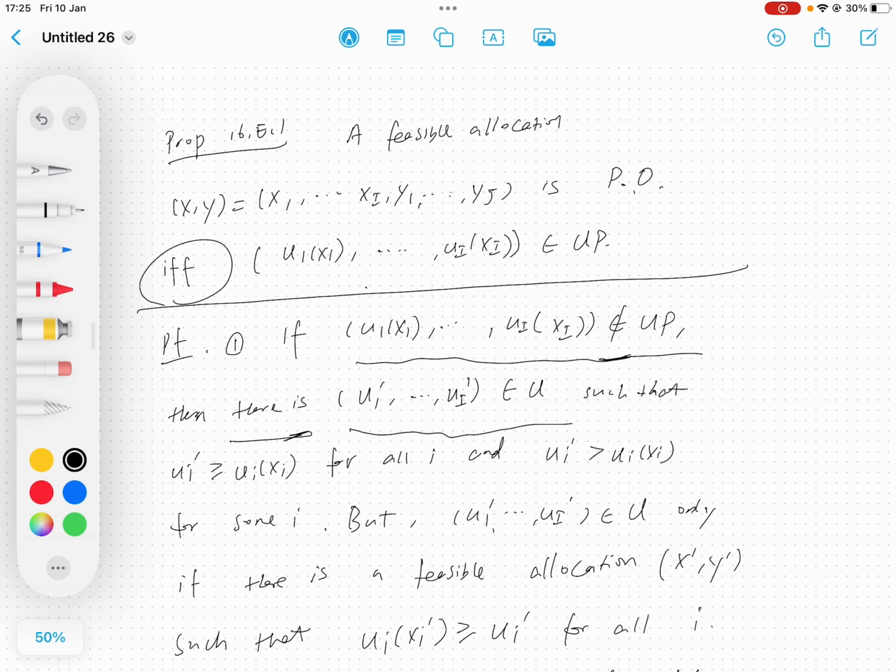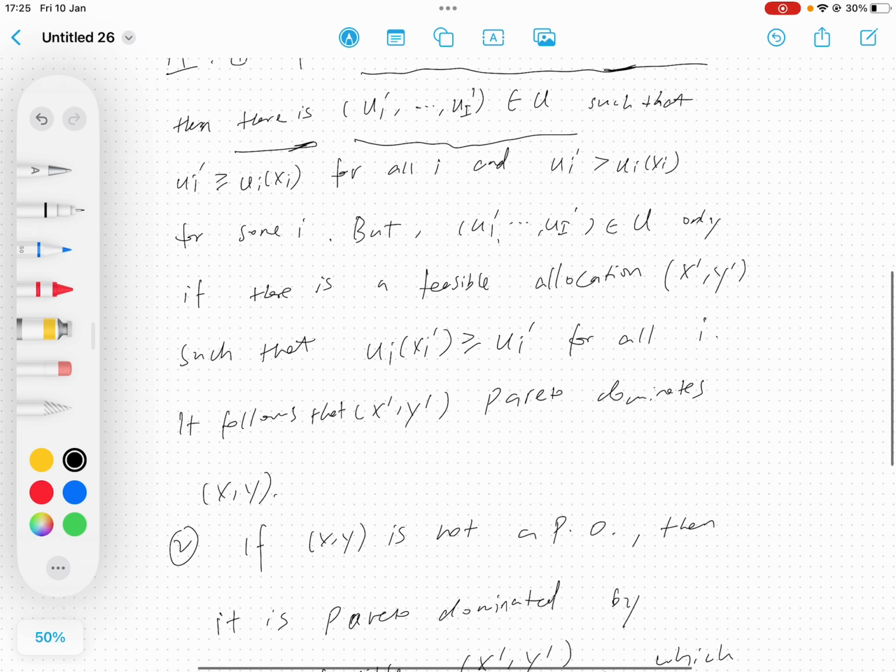Okay, so next we're also going to introduce the social welfare function that we mentioned in the beginning of this section.